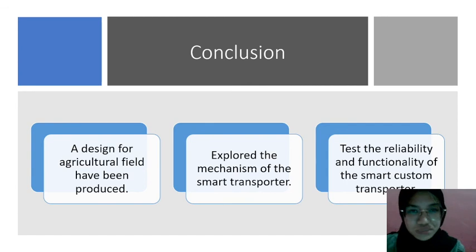From this project, we have achieved our objective, which is to produce a design for agricultural fields. Next is to explore the mechanism of the smart transporter. There are a lot of changes that we can make in order to ease our daily life. And the last one is that the reliability and functionality of the smart custom transporter have been tested.